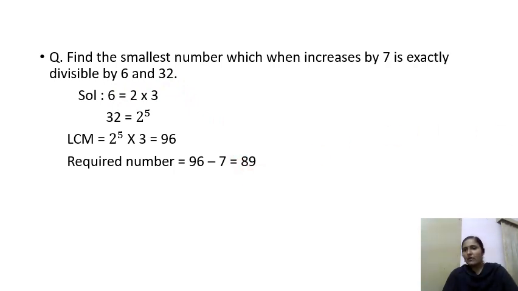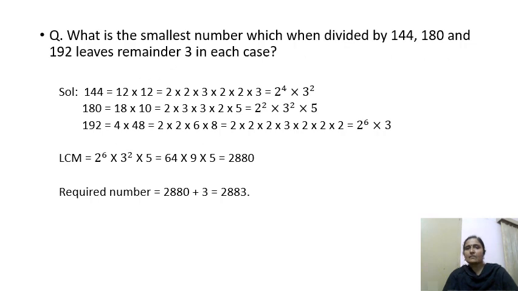Okay. Now the next question is: what is the smallest number which when divided by 144, 180 and 192 leaves remainder 3 in each case? Again, check the question and think whether we have to find the HCF or LCM.